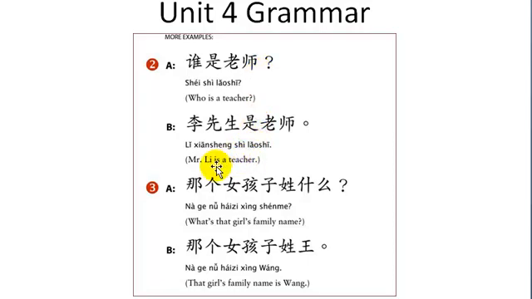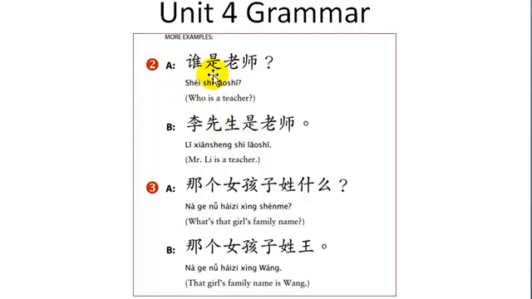Here's another example. Sorry, this is the dialogue. So this is person A speaking to person B. 谁是老师? 李先生是老师. Who is a teacher? Mr. Lee is a teacher. You take out the question word 谁 and replace it with the answer.